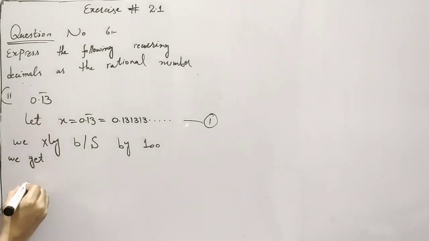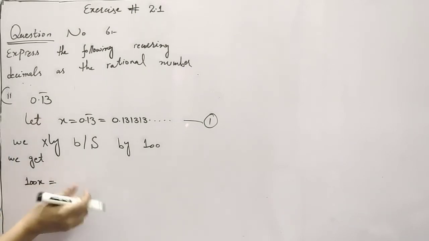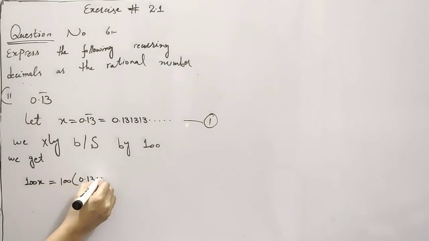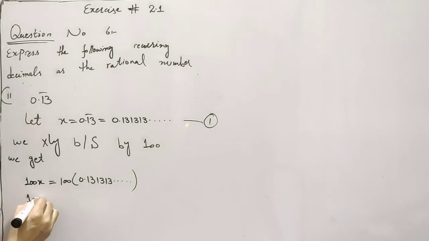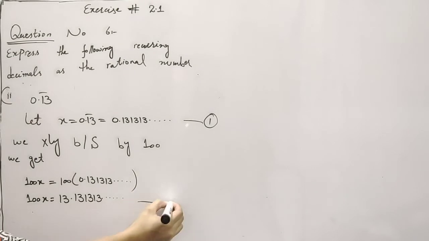So multiply by 100, we will get 100x is equal to 100 times 0.131313 and so on. So 100x is equal to 13.131313 and so on. Call this equation number 2.